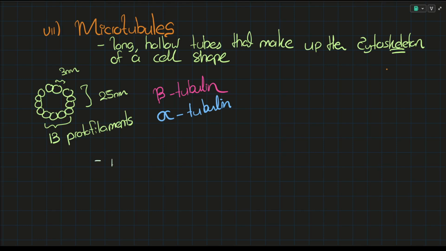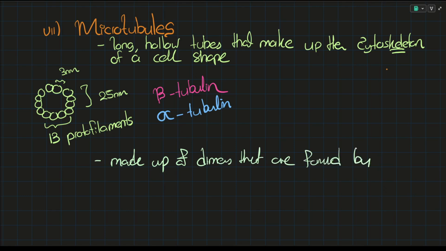And I will write that as a statement: made up of dimers that are formed by alpha and beta tubulin. And then these dimers, so simply speaking, this is the idea.